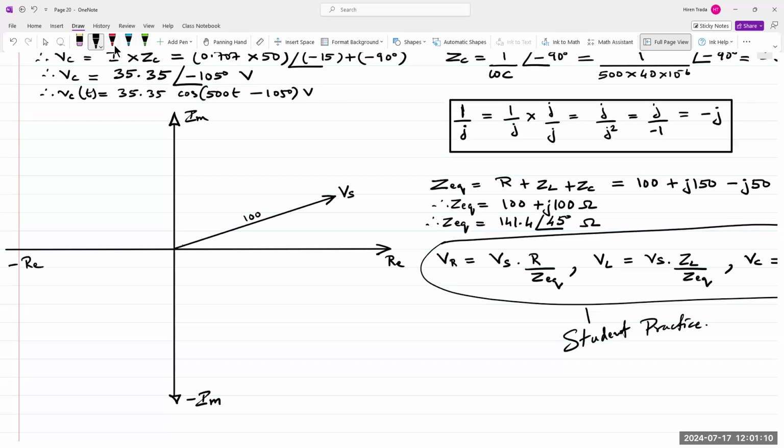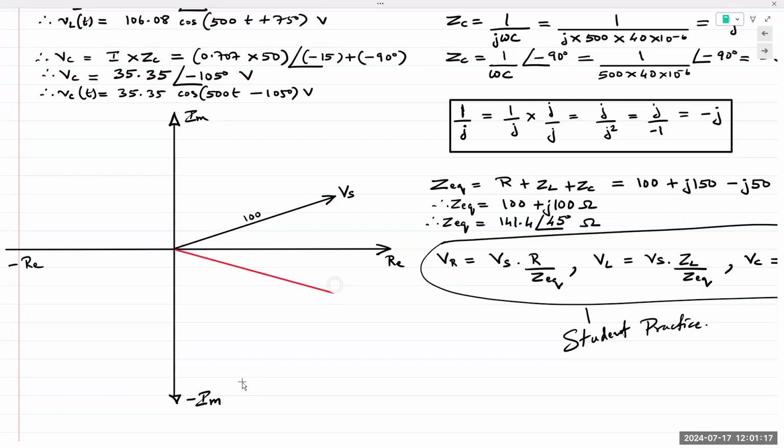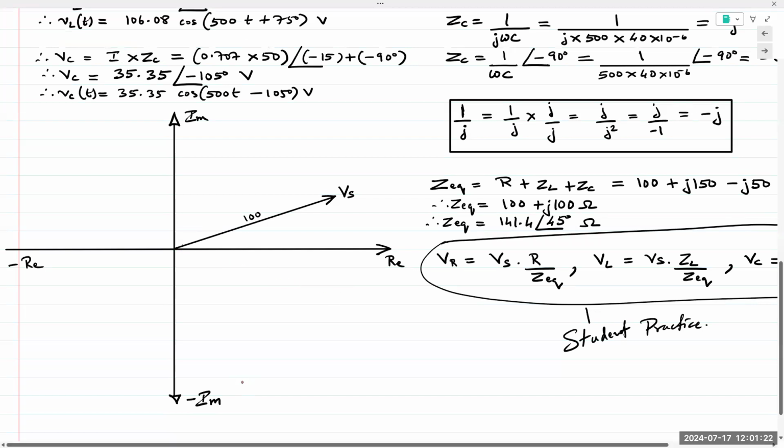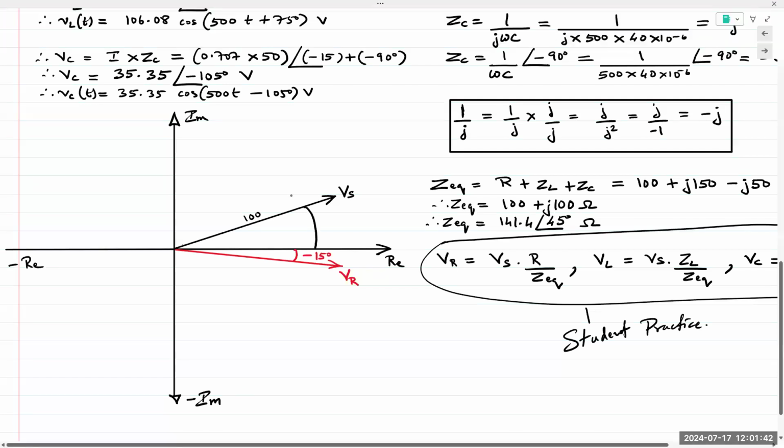What I'm going to do is draw out the voltage for the resistor, which is at minus 15. Again, this is not quite indicative of minus 15. So this would be VR, and it's minus 15. This angle is 30 degrees.